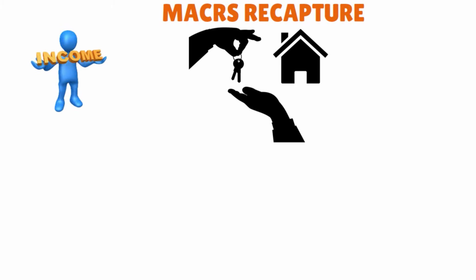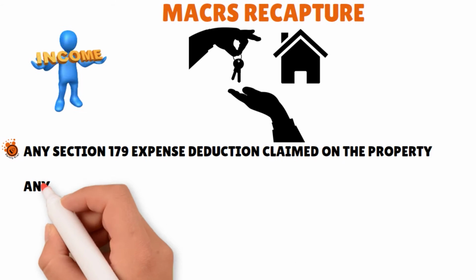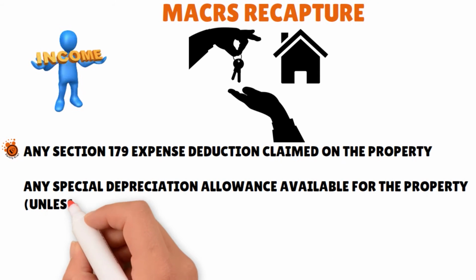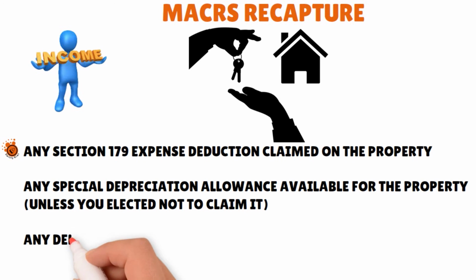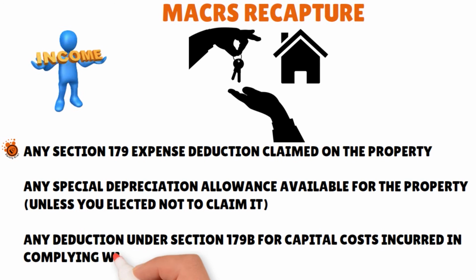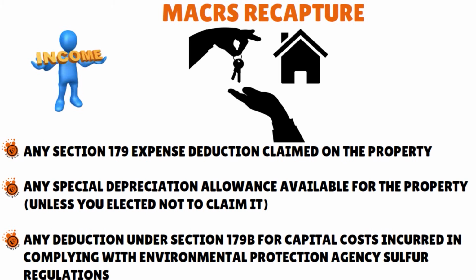And depreciation for this purpose includes any of the following amounts taken during the tax year. So any Section 179 expense deduction claimed on the property, any special depreciation allowance available for the property unless you elected not to claim it, and any deduction under Section 179B for capital cost incurred in complying with Environmental Protection Agency's sulfur regulations.